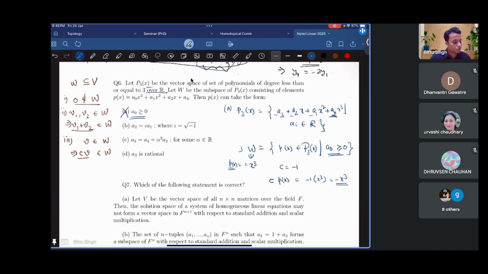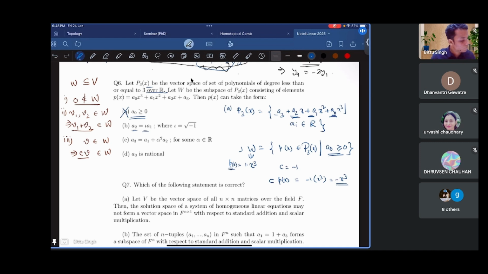Okay, let me check the second option. Here A2 is the same as i times A1. That is, this entry is the same as i times this coefficient.